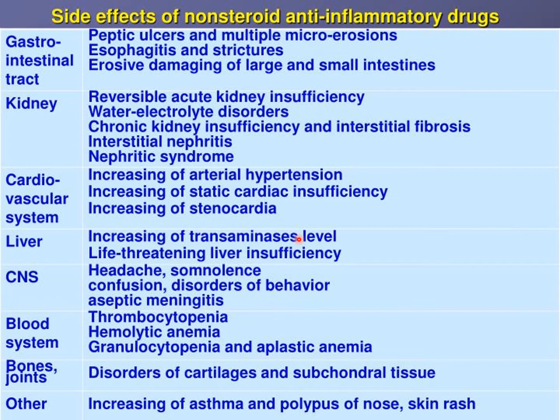Then kidney: reversible acute kidney insufficiency, water-electrolyte disorders, chronic kidney insufficiency, interstitial fibrosis, interstitial nephritis, nephrotic syndrome. Renal adverse effects are because COX-1 and COX-2 facilitate the production of prostaglandins that play a role in renal hemodynamics.